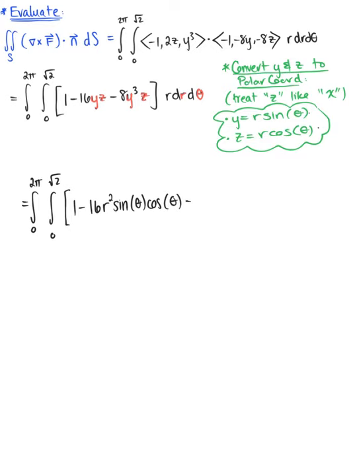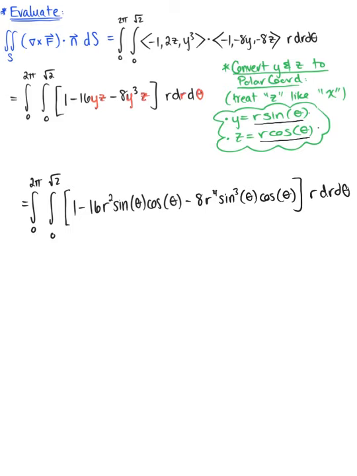And this will be minus 8, and we have y cubed, so that's going to be r sine of theta cubed. So r cubed times sine of theta cubed multiplied by r times cosine of theta. That means we have 4 radii together, so that's going to be r to the 4th multiplied by sine of theta cubed times cosine of theta. And then don't forget your differential r dr d theta.